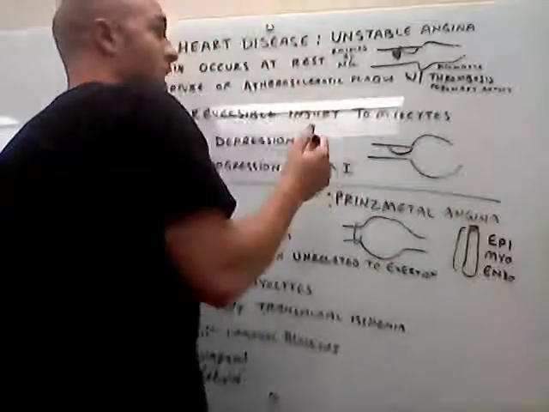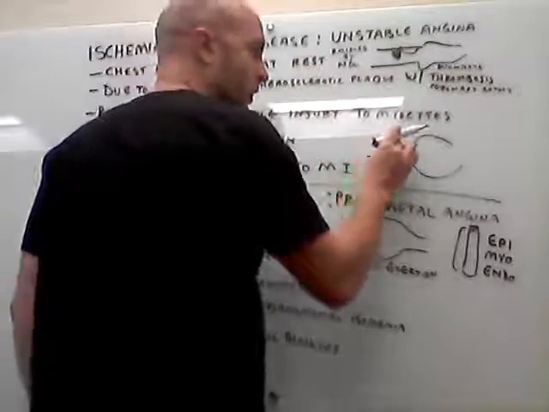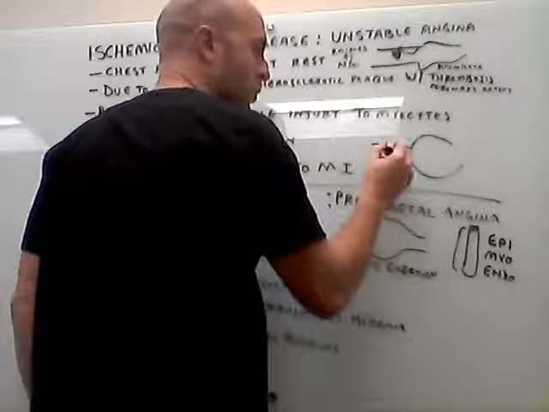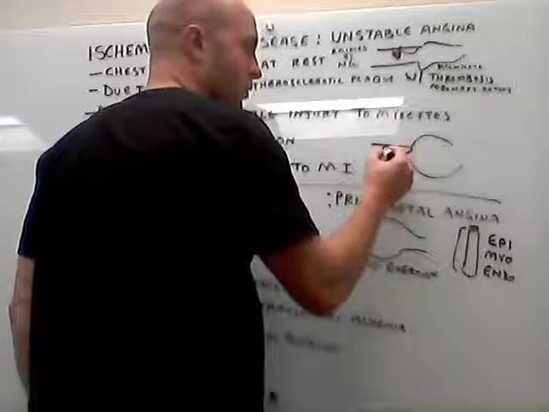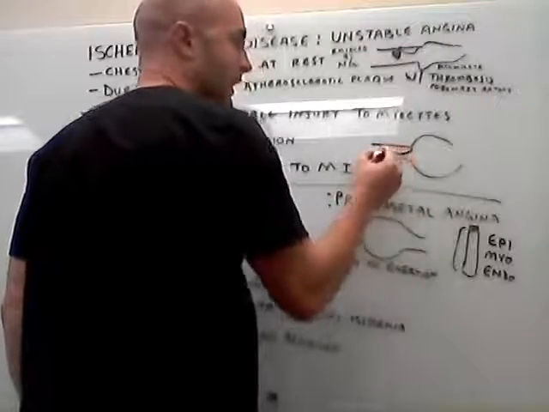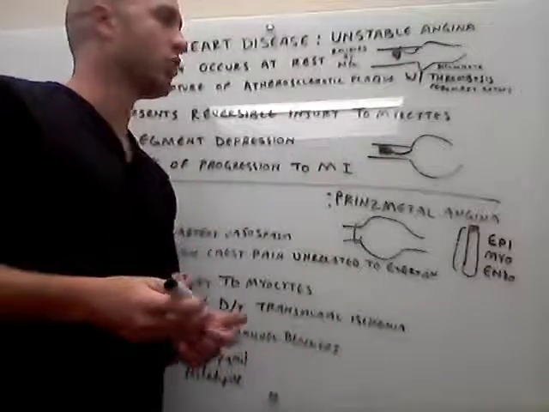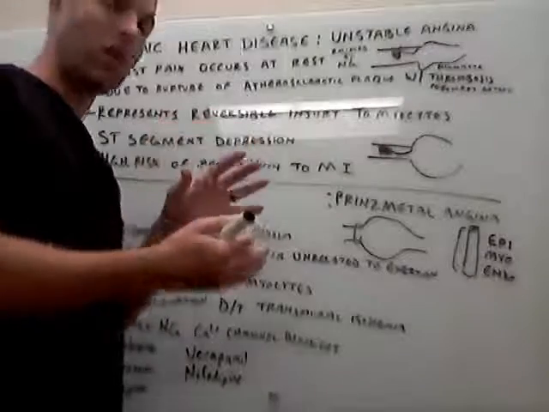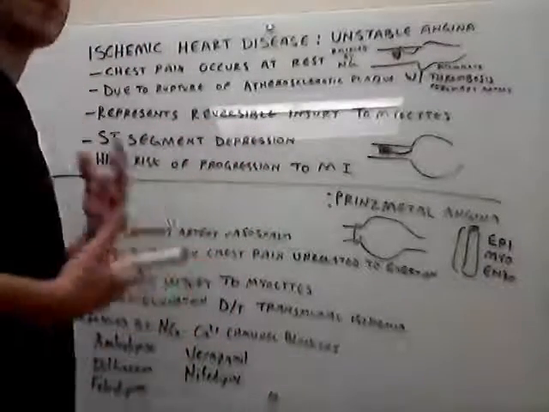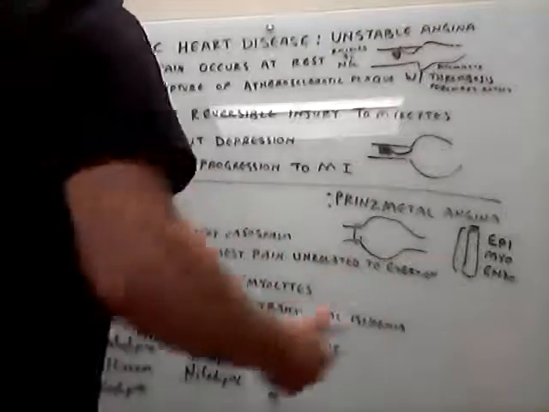And in the case of an unstable angina, there has been a rupture of this plaque, which has opened it up, which has exposed some collagen, and it's starting to form a thrombosis. Okay, and it's an incomplete occlusion of the coronary artery, so the thrombosis isn't blocking all of it, but it's enough that even at rest it's causing pain, and that pain is not relieved by rest.